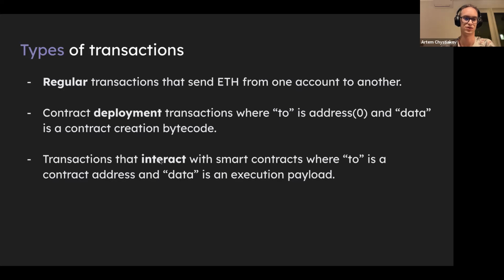Those smart contract interaction transactions are the most common right now. The majority of transactions are this one, because there are a lot of smart contracts and everybody interacts with them.